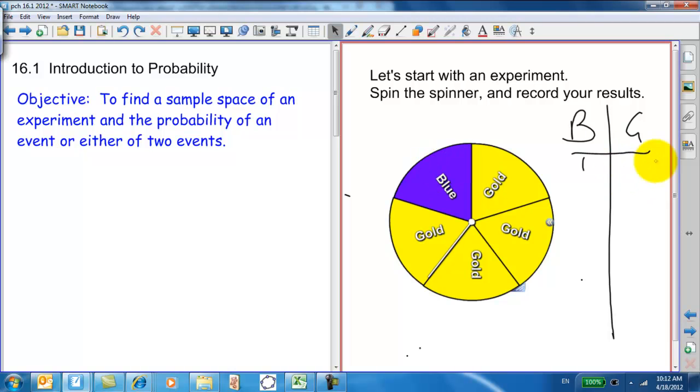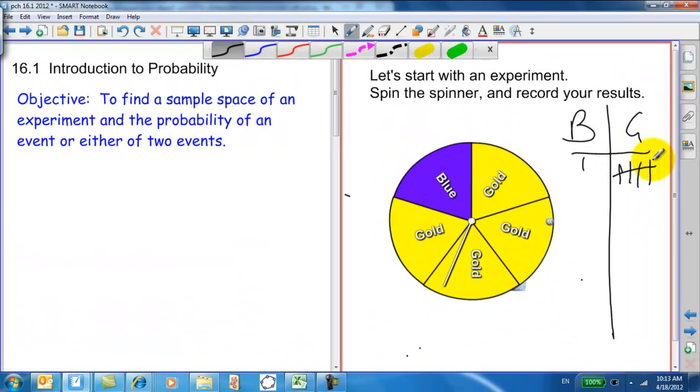That's a gold. Spin it again. Ooh, let's spin it faster this time. That's a gold. Spin the spinner again. I'm going to pause now and do a bunch more spins and I'll let you know the results.